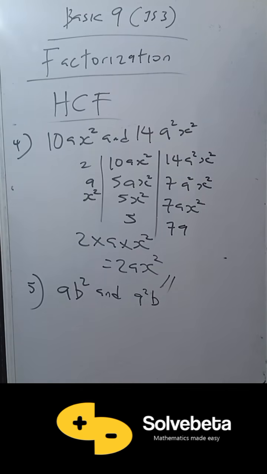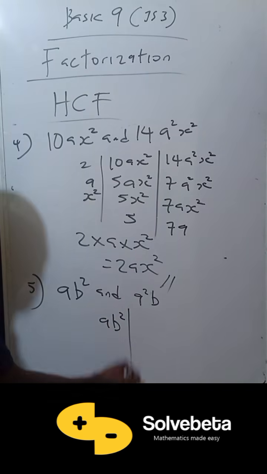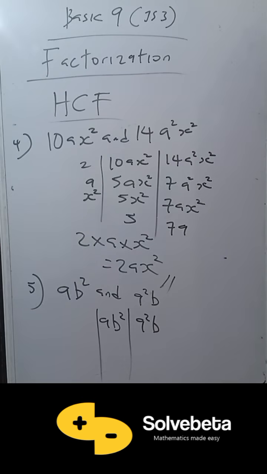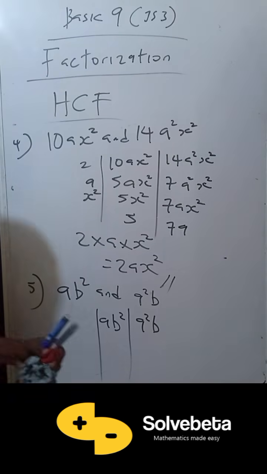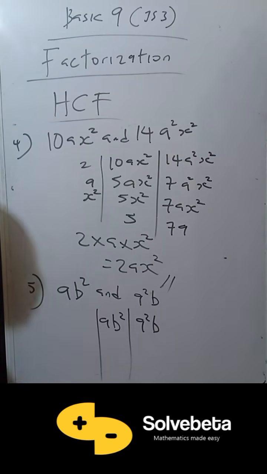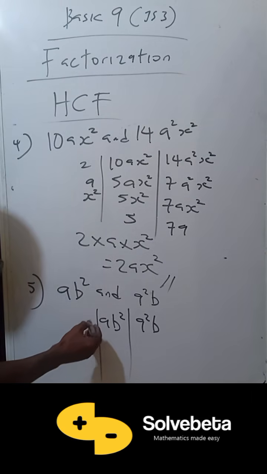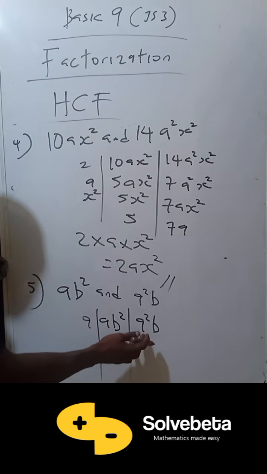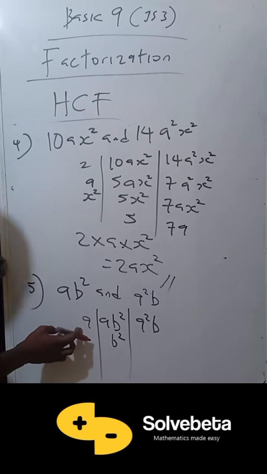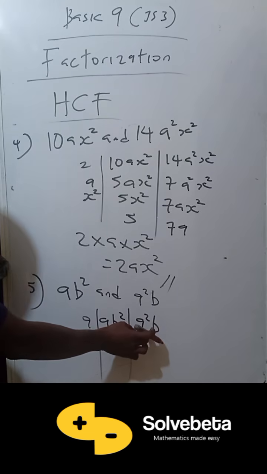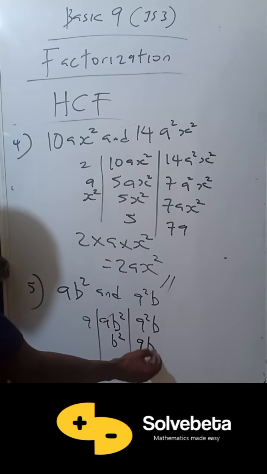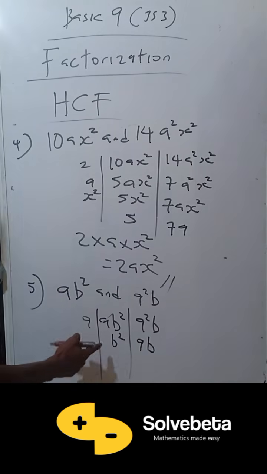Let's find the HCF. a and a squared, a can divide both of them. There are no numbers here, so you move straight to the letters. ab squared divided by a, you have b squared. a squared b divided by a: a squared is a times a, so a will cancel one, left with ab.